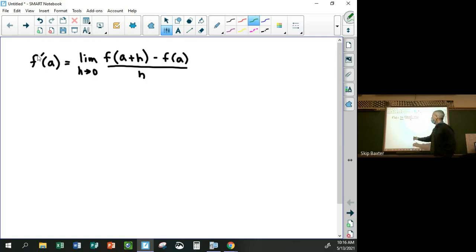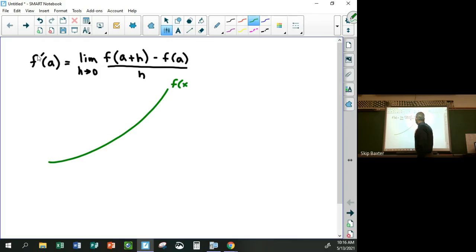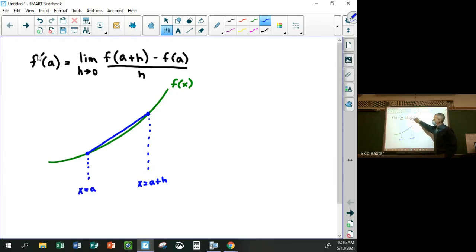So remember, the whole concept is if you have a function f of x, you're picking a point that's close to x equals a, and we're calling it a plus h. Then we're calculating the slope of that secant line, which is what this stuff over here is.